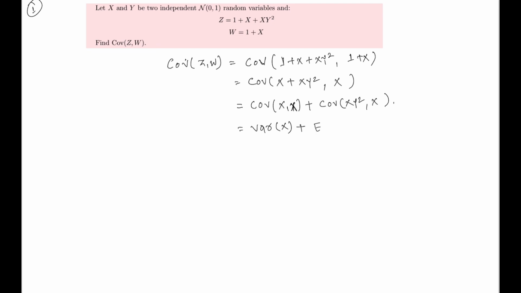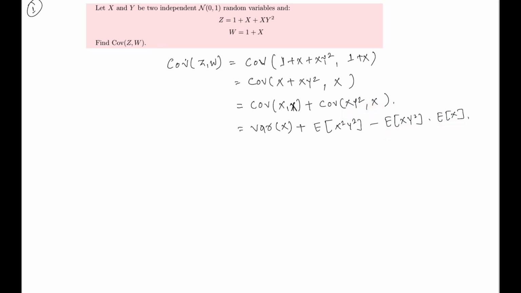This can be written as the expectation of the product of these 2 random variables, that would be x square y square, minus the product of the expectation of the individual random variables.